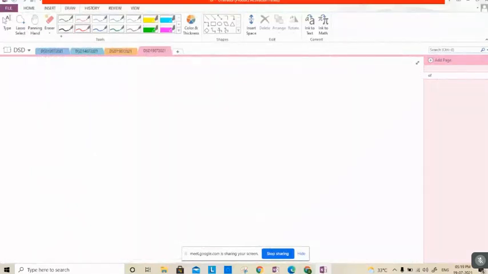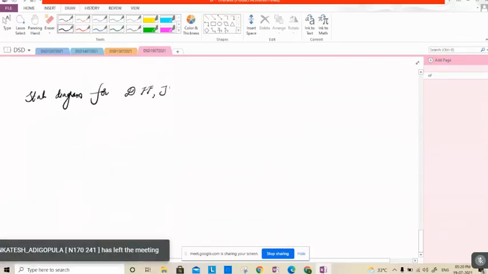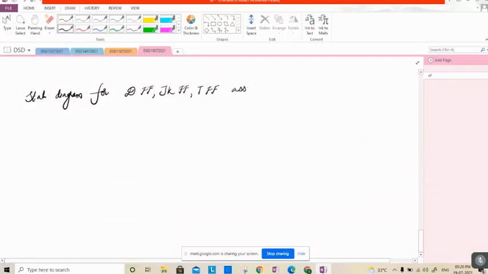Now, a simple task for you: can you draw the state diagram for a D flip-flop, JK flip-flop and T flip-flop, assuming next state as output?